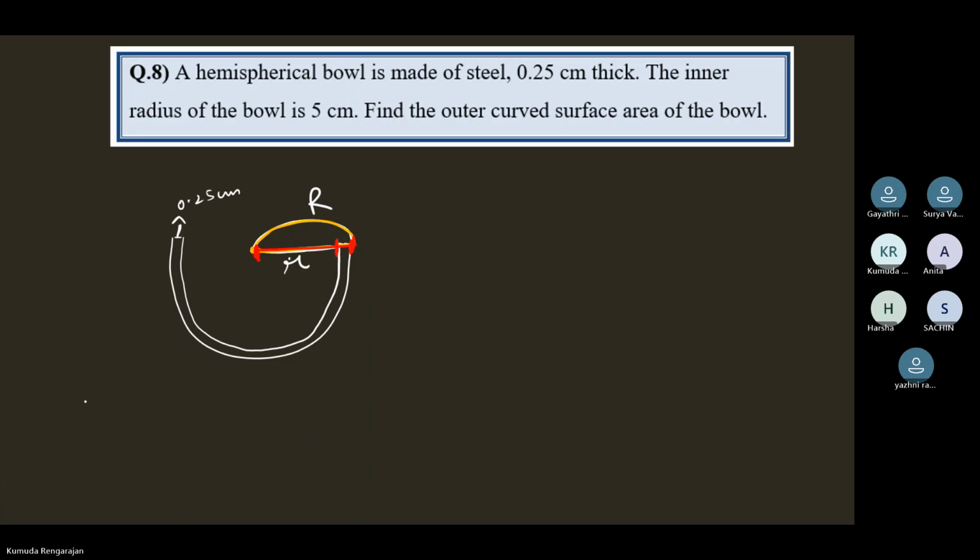Capital R is equal to small r plus W. Small r is capital R minus W. W is the width or the thickness. W is equal to capital R minus small r.